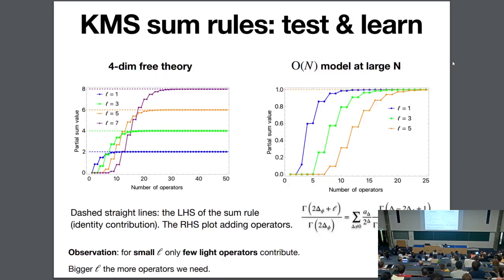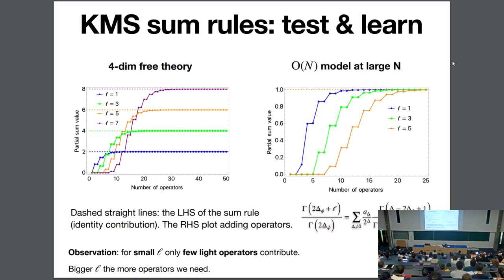Okay, so we have the sum rules, and first we test, and we also try to learn. So here are plots for 4-dimensional free theories, for which we know the answers, and the O(N) model in the large N limit, which we also know the answers. And let's try to understand the plots first. First of all, we have these dashed lines here.